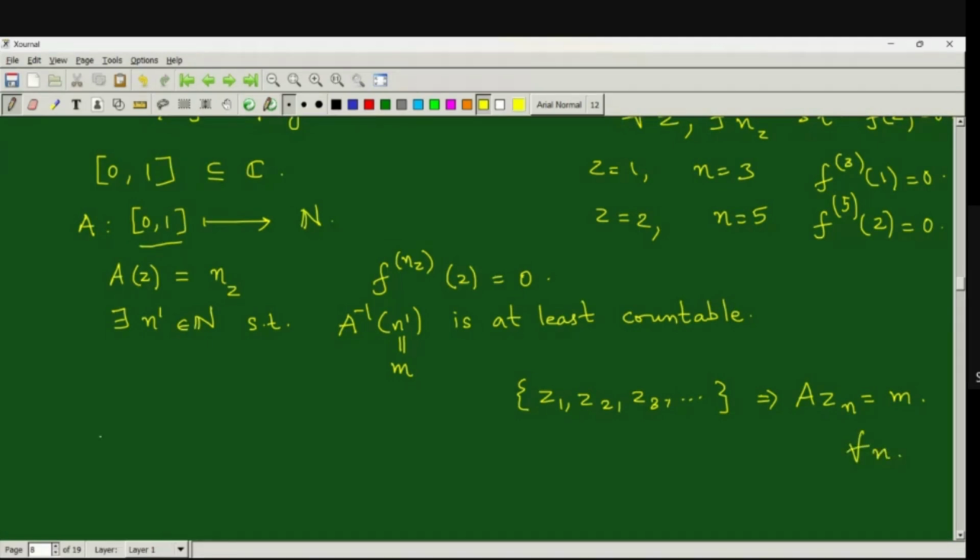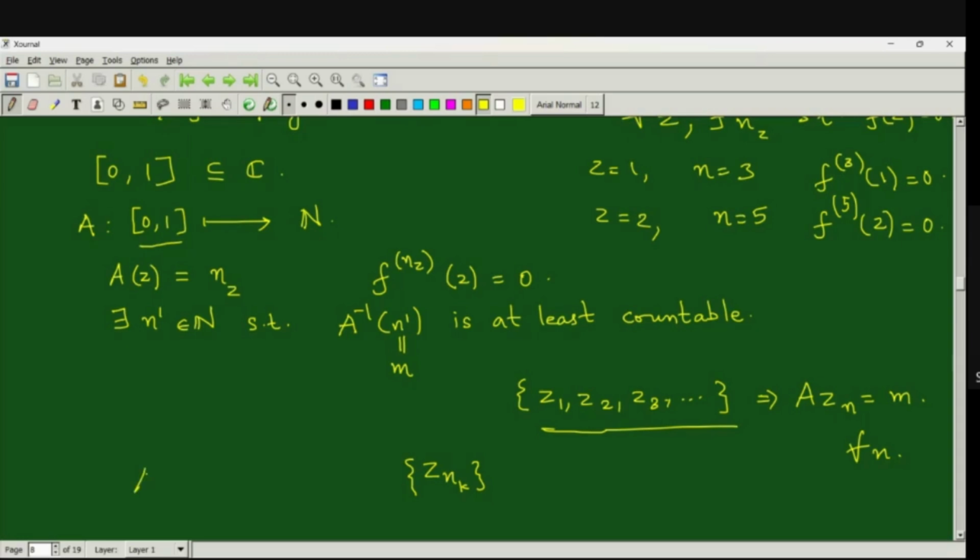Now this is a bounded set in C. Why? The entire domain itself is bounded. So this is a bounded set in C, which means this will have a convergent subsequence, by Bolzano's theorem. Let me call that convergent subsequence z_nk.